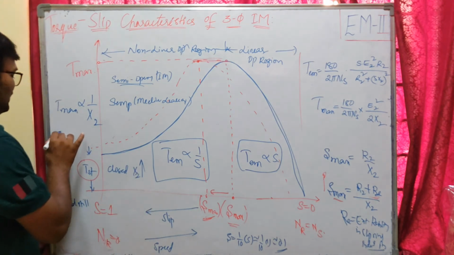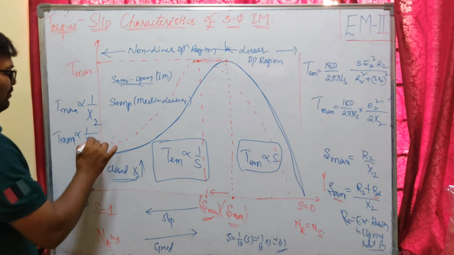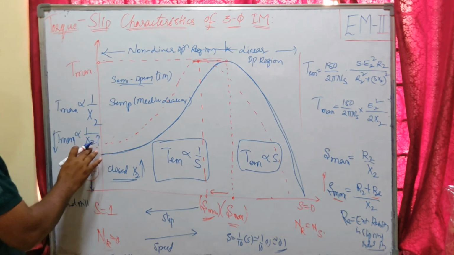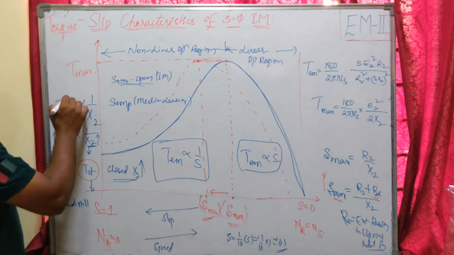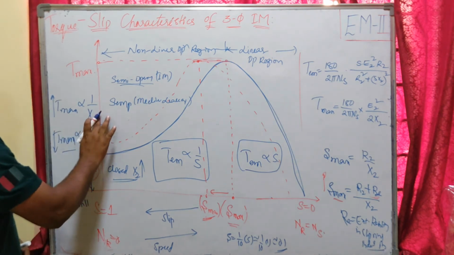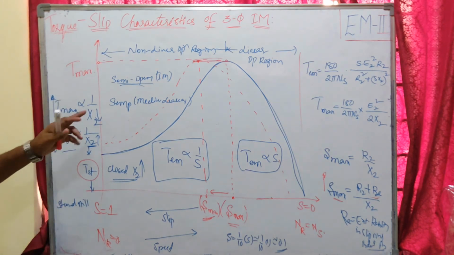That means the maximum torque for closed type slots will be very less. For medium slots the torque will be somewhat high. For open type, where you will get very less leakage reactance, you will get very high maximum torque. This is inversely proportional to each other.